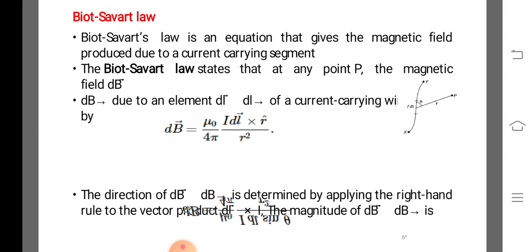The force is proportional to the product of the magnitude of the charge Q, its velocity V, the flux density B, and the sine of the angle between V and B. So we get the equation Fm equal to Q v cross B, Fm equal to QvB sin theta.